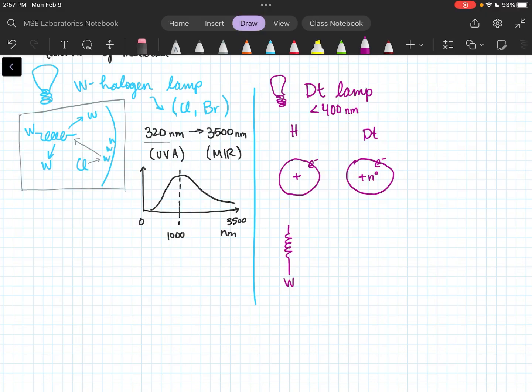So tungsten filament is surrounded by deuterium gas, which is diatomic. So we've got two deuteriums here. And that could also be written as DT2, like two hydrogens. And we stick like 300 volts through it, ish. That was not particularly clear writing.